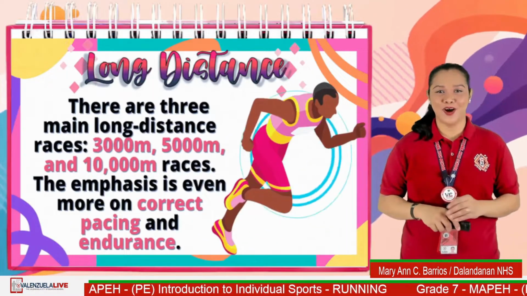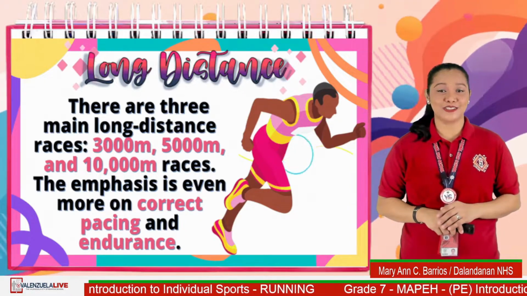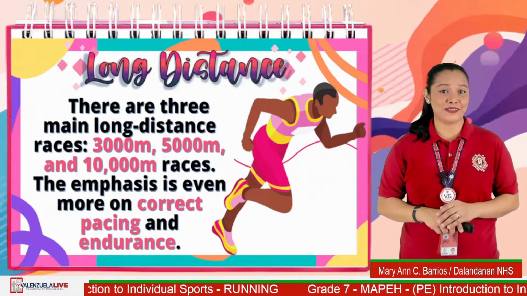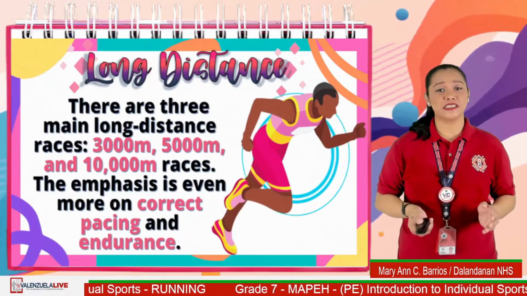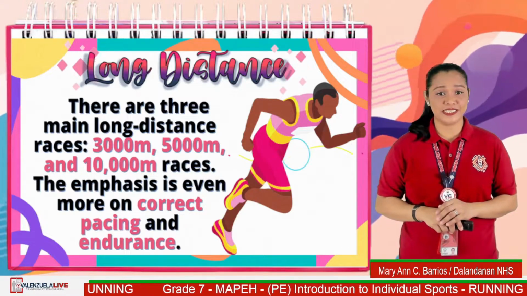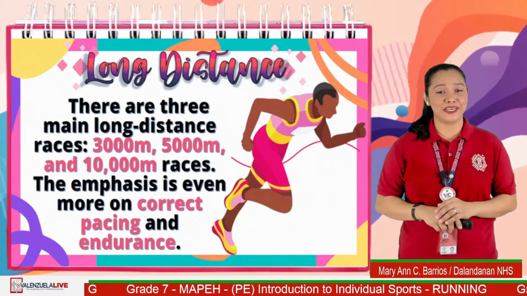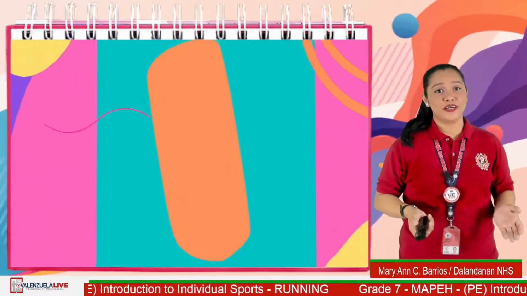Next is long distance. There are three main long distance races: 3,000 meters, 5,000 meters, and 10,000 meters. These races are similar to middle distance races, but the emphasis is even more on correct pacing and endurance. Hurdles.